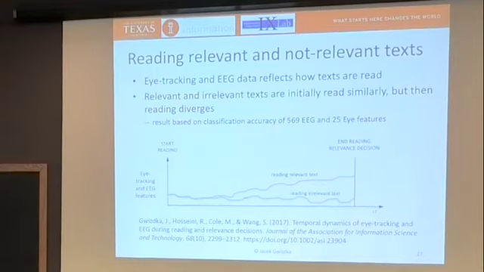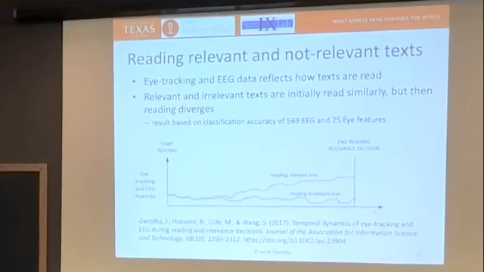This shows in an abstract way a difference in reading when people continue reading irrelevant text, which is here at the bottom, and relevant text. The classification accuracy, even just with eye tracking, gets pretty high, on the order of 90%, at the point when they are reading relevant words.